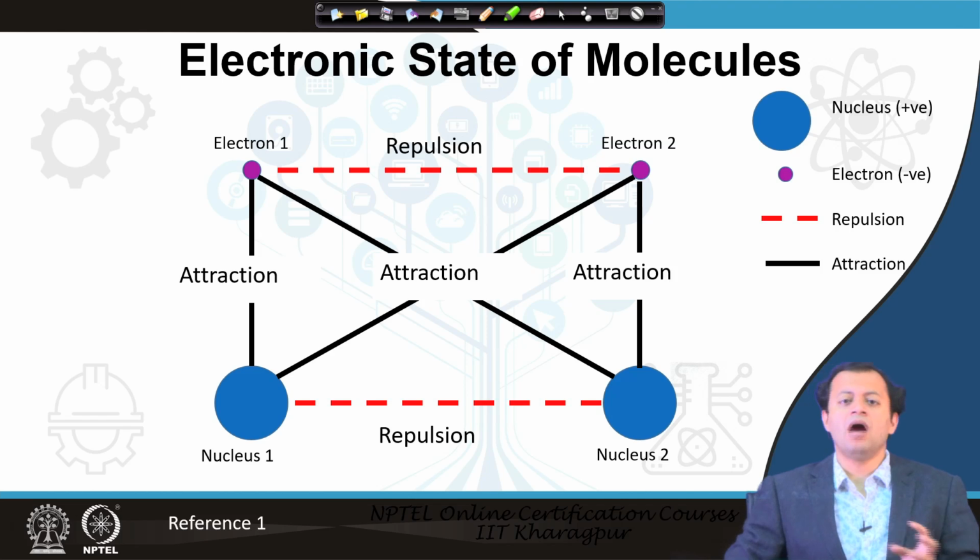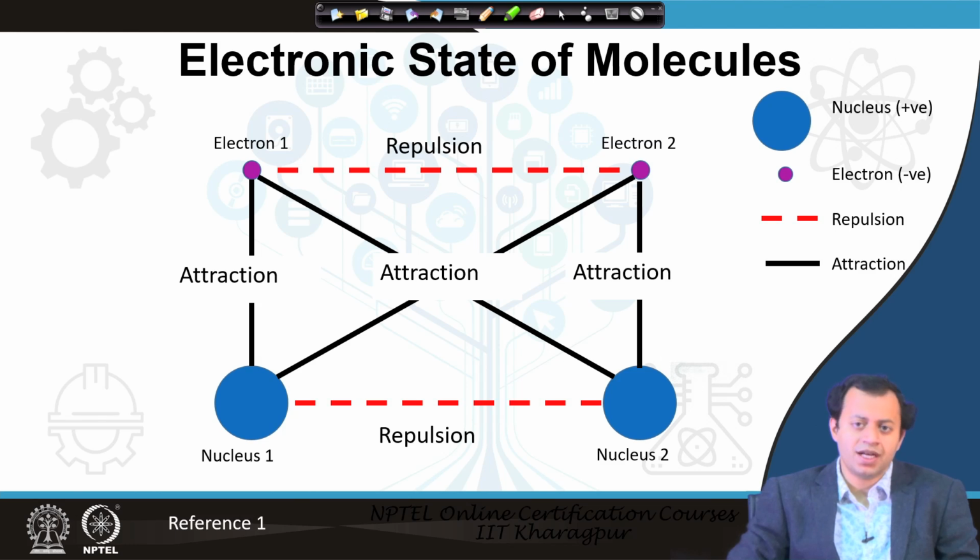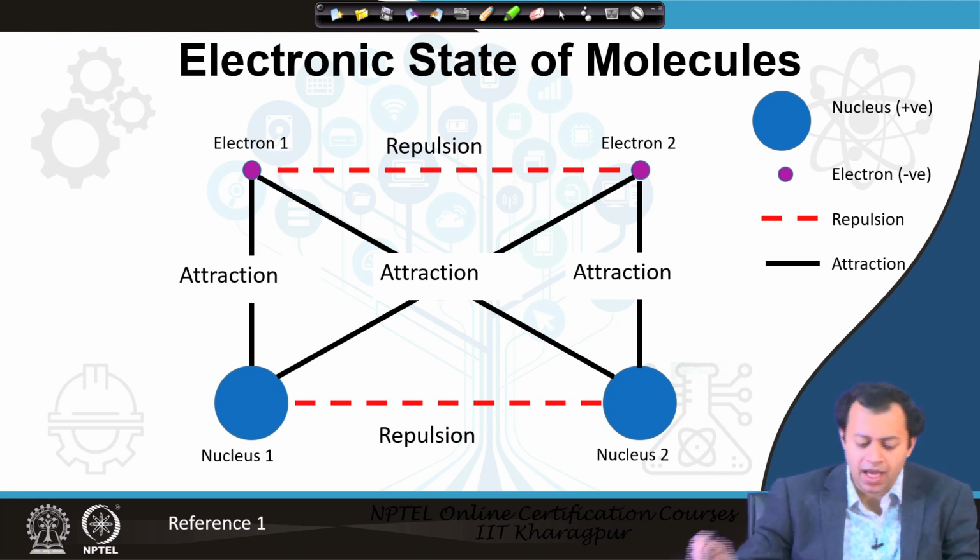So, how exactly do atoms come together to form a molecule, or what is the nature of bonding, or how do they bond? Remember, two sets of forces are simultaneously working on atoms, nucleus and electrons, when they come together: nucleus 1 and nucleus 2.